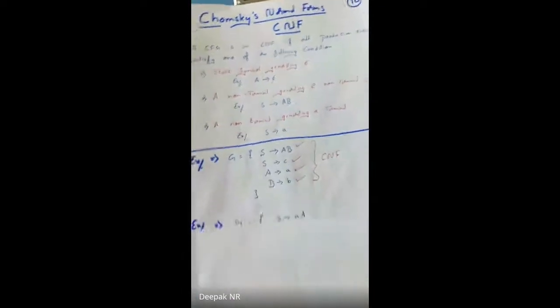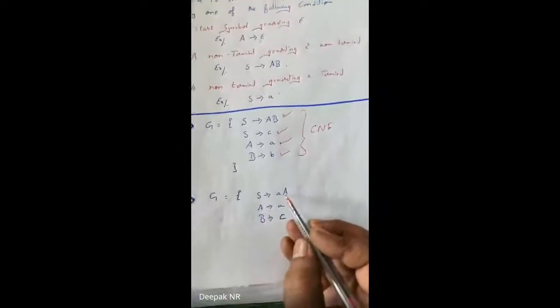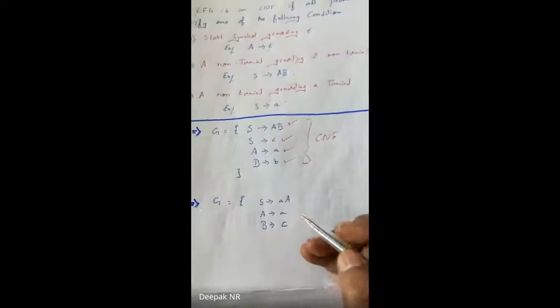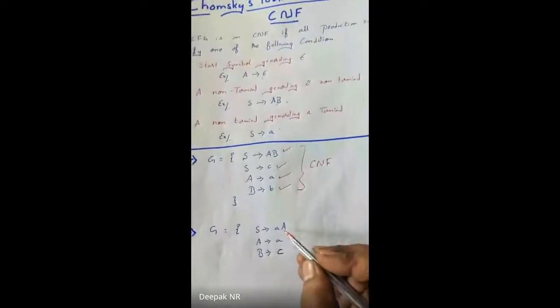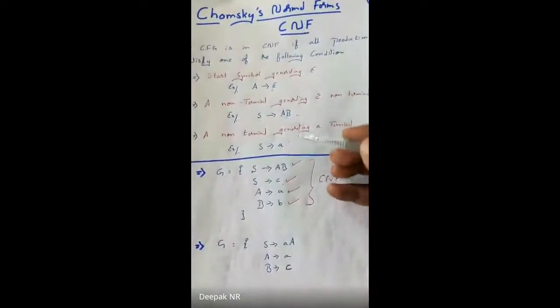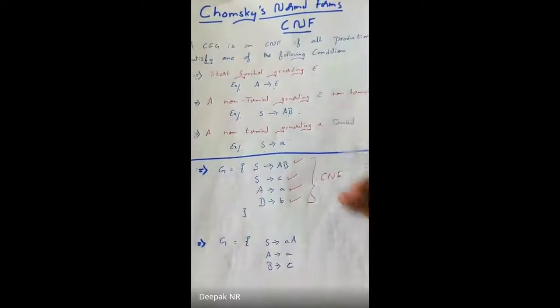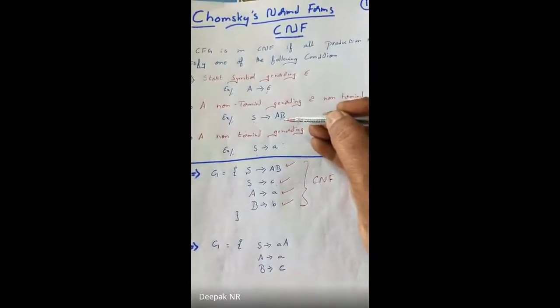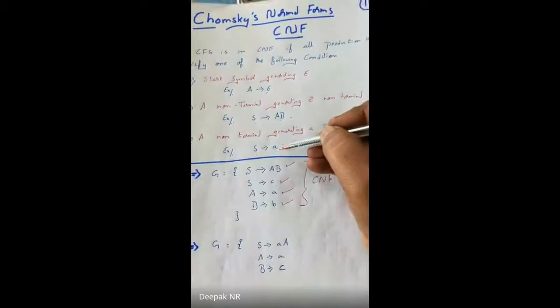Clear? Let me take one more example. Now the next one: S tends to AA, S tends to A, and B tends to C. Let me check. S tends to AA. Does this belong to any of these three? Rule one says epsilon, rule two needs two non-terminals, rule three needs one terminal.